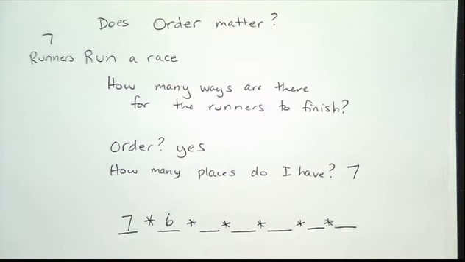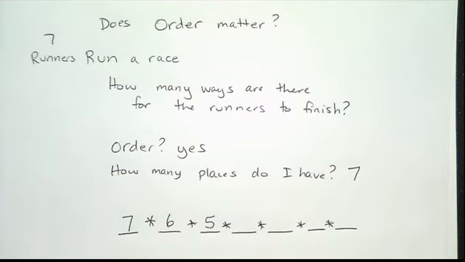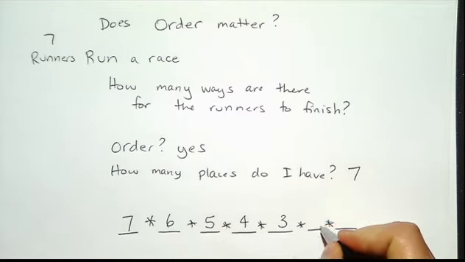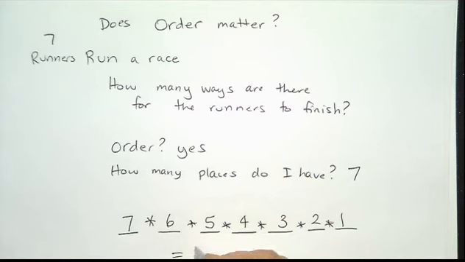How many third place? 5. Fourth? There are 4, 3, 2, 1. That's equal to 7 factorial.